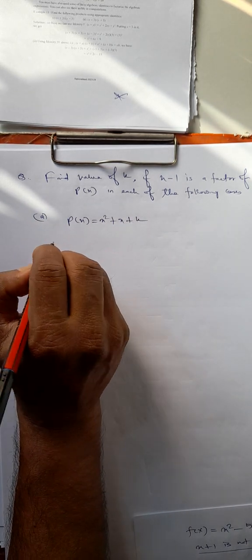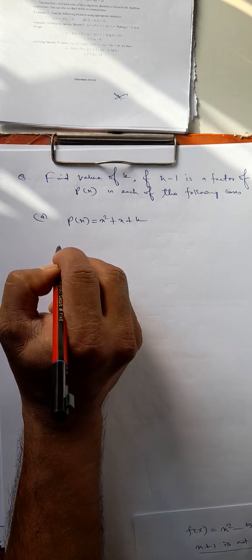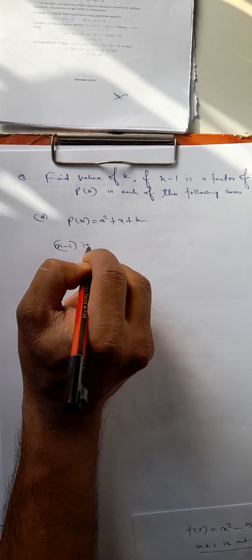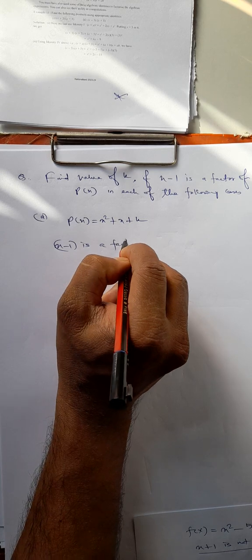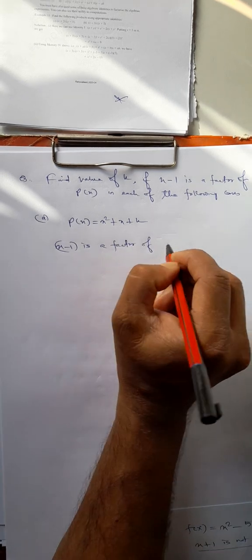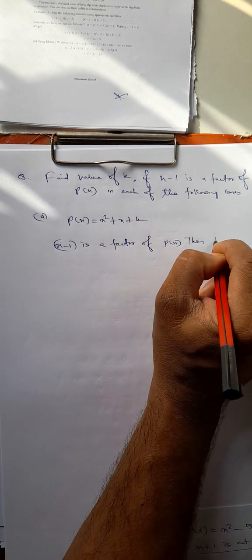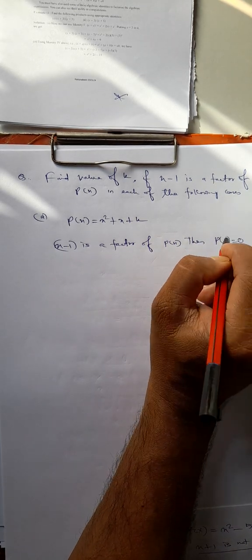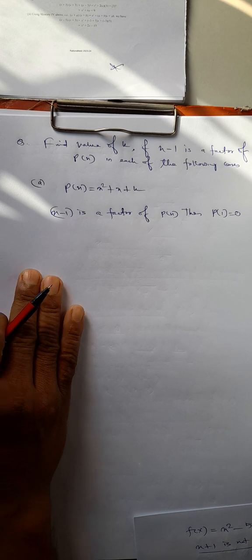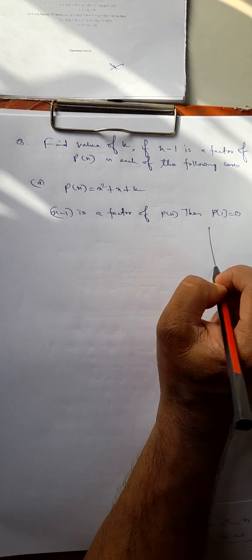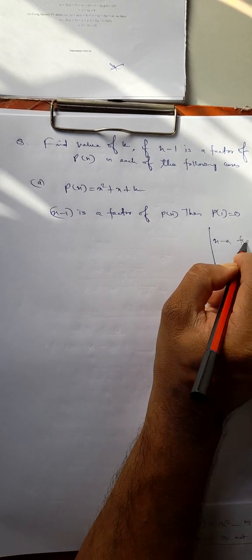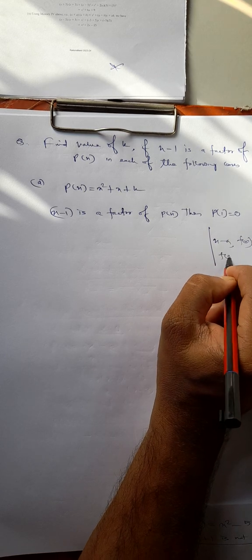Now by the factor theorem we know that if x minus 1 is a factor of p(x), then p(1) equals 0. This we discussed earlier. If x minus a is a factor of f(x), then f(a) equals 0.